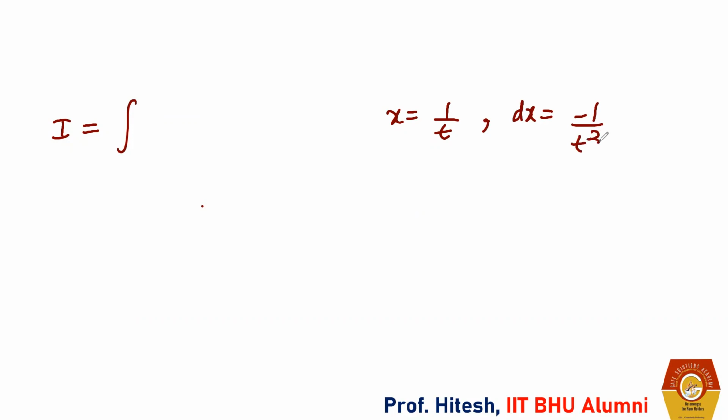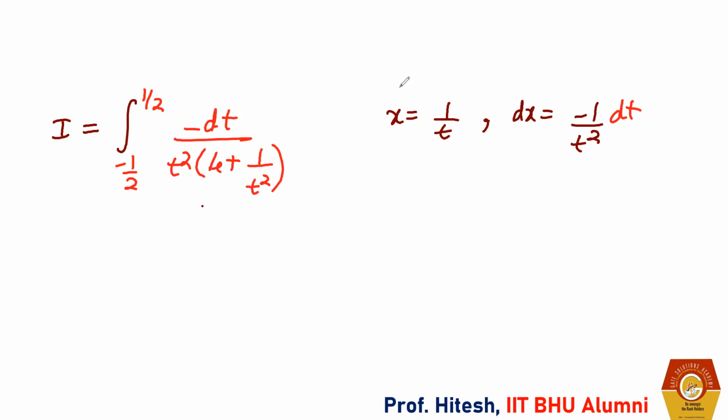The limits: when x is equal to 2, t is 1 by 2, and when x is -2, t is -1 by 2, so the limits reverse. dx will be minus dt upon t square, and it will be 4 plus 1 upon t square.